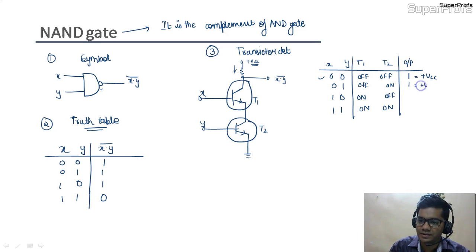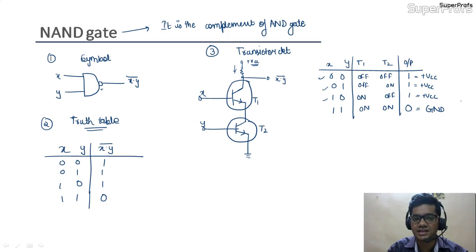Similarly here also plus VCC, here also plus VCC, because any one of the transistors is in off condition. But for the 1 1 condition both the transistors are in on condition, so there would be a flow of current, and at this point the output voltage would be 0, that is ground, if we consider both transistors to be ideal. So we can say that this transistor circuit is representing the NAND gate.